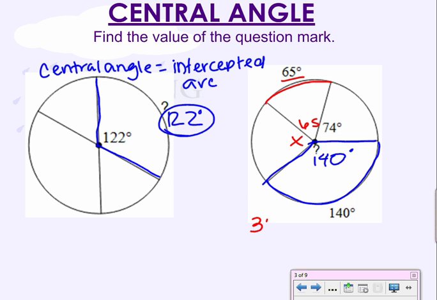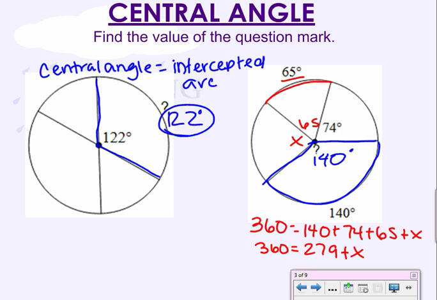So we're going to set 360 equal to 140 plus 74 plus 65 plus x. So when we add up this right side, we're going to get 360 equals 279 plus x. And then we subtract 279 from both sides, and we get our x to equal 81. Okay, that's an above and beyond kind of problem.